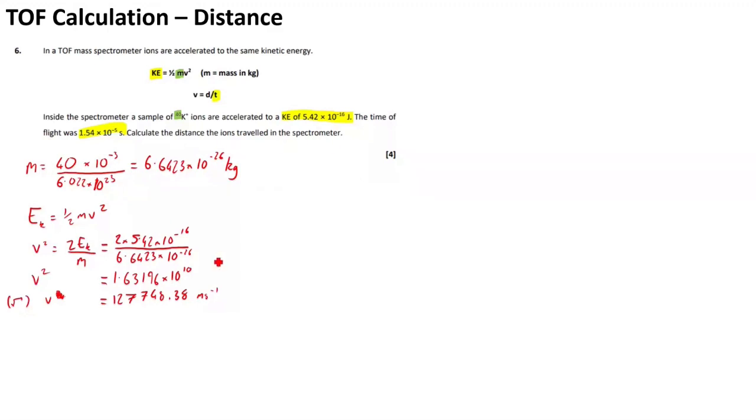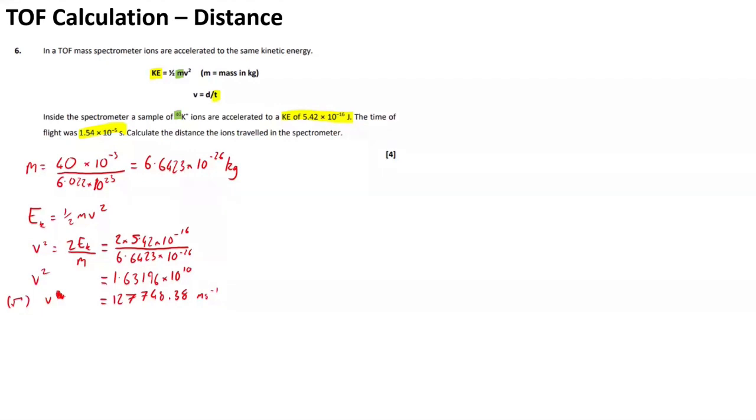All my working out, I've done 2, 5, 6, 7 significant figures. The important thing is, when you work a number out in a calculation and then use it in the next step, never ever round to less significant figures than are in the question. If I rounded to 2 significant figures, I'd end up with the wrong answer.